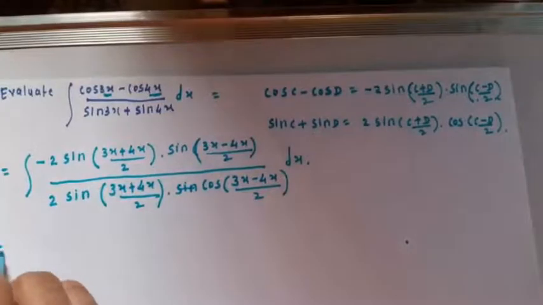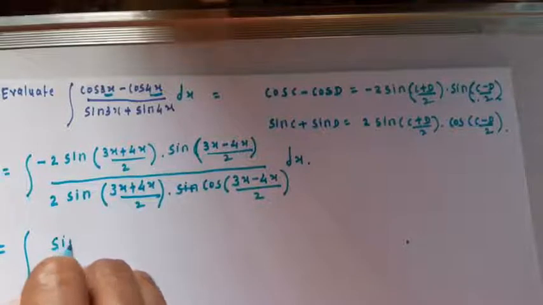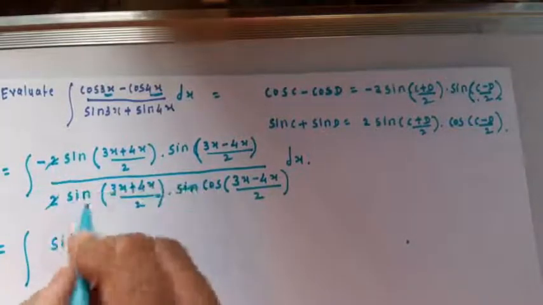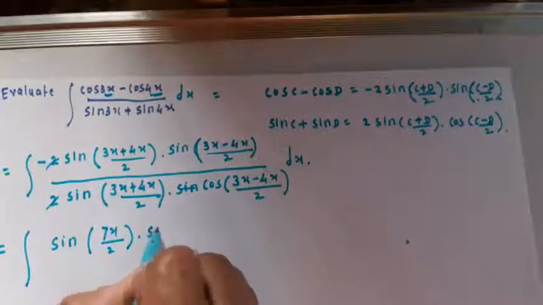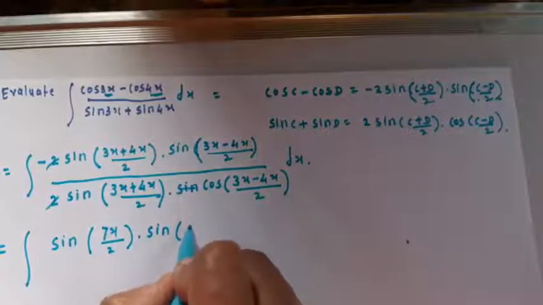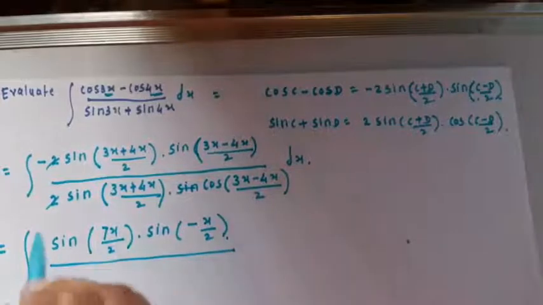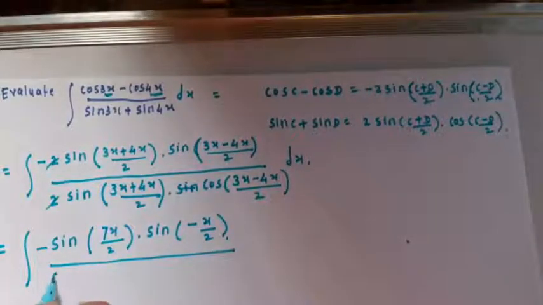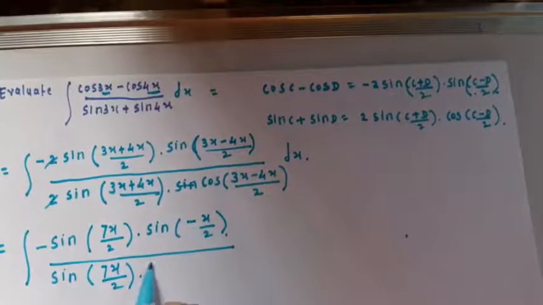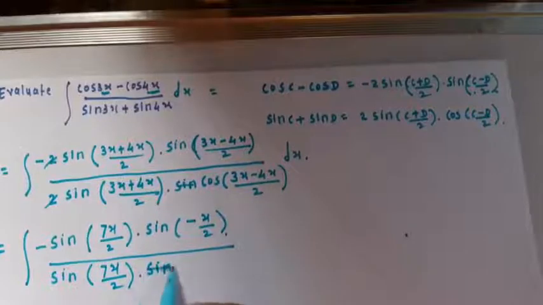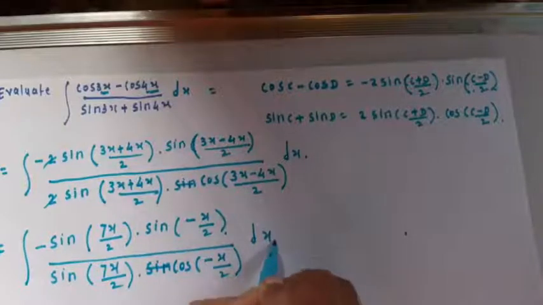And now this is equal to, the 2 gets cancelled. That is sin of 7x upon 2 into sin of minus x upon 2, and the minus sign remains as it is, upon sin of 7x upon 2 into cos of minus x upon 2, with respect to x.